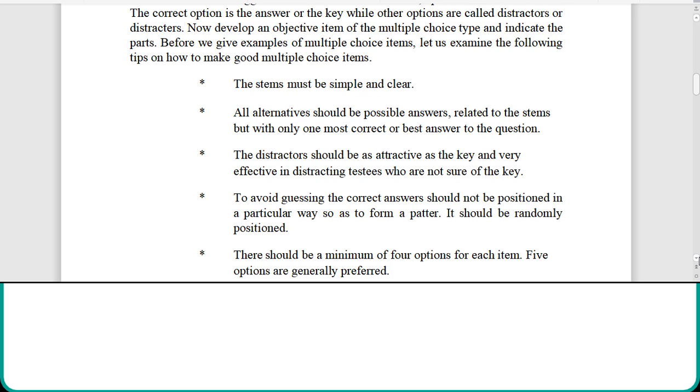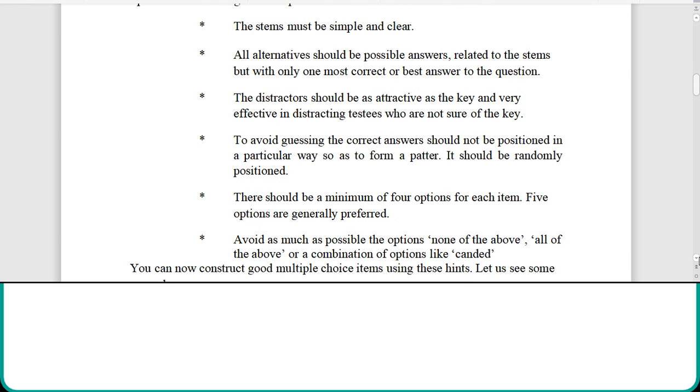So the distractor should be very near to the right answer. The distractor should be as attractive as the key and very effective in distracting testees who are not sure of the key. To avoid guessing, the correct answer should not be positioned in a particular way so as to form a pattern. It should be randomly positioned.